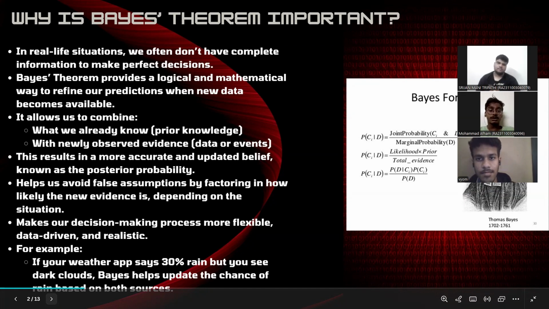This results in a more accurate and updated belief known as the posterior probability. It helps us to avoid false assumptions by factoring in how likely the new evidence is depending on the situation. It makes the decision making process more flexible, data driven, and realistic.